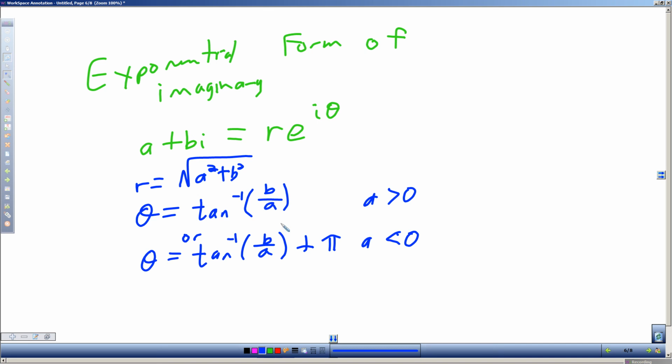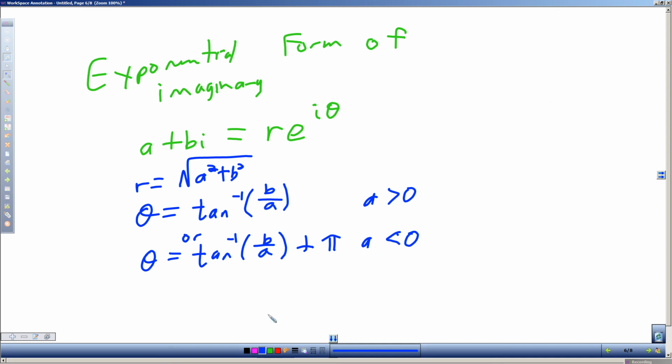So this should look exactly like what we did before. When did we do this? This was when you're writing the trig form, when you're dealing with coordinates. I don't remember. But this is the last thing. There are going to be some questions that ask you to rewrite an imaginary number in exponential form.